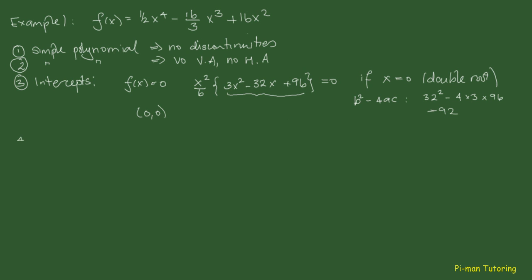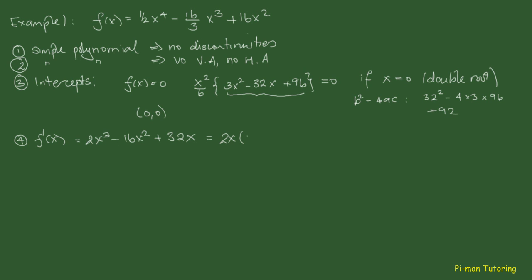Now we move on to our new stuff, f dashed of x. We do the derivative of that, and we will get 2x cubed minus 16x squared plus 32x. Looks like we can pull out a factor of 2x from that.